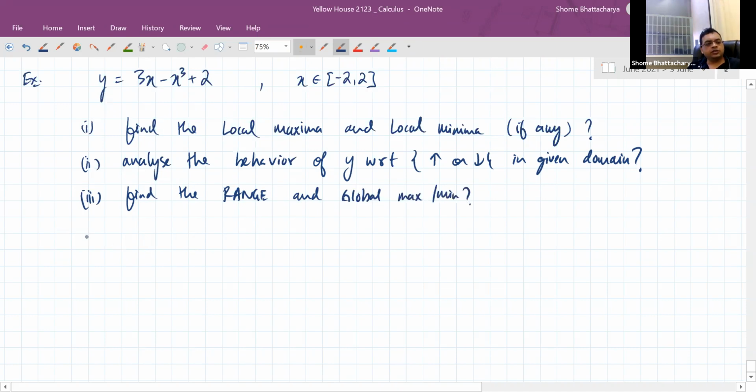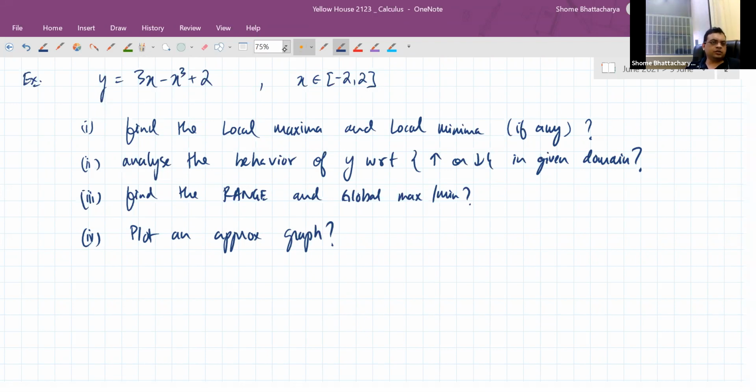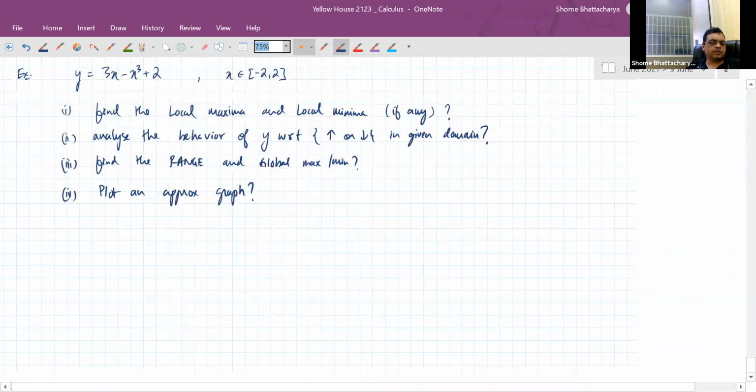Okay. And using all this, we will plot an approximate graph for the function. So let's work out this question and understand this.